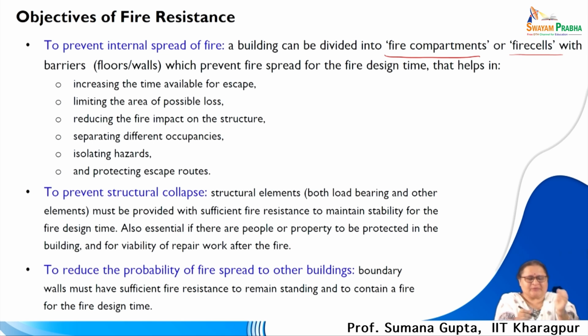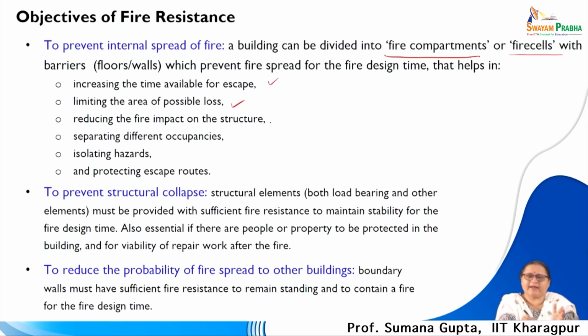We have to look into this aspect to increase the time available for escape and limit the area of possible loss, because through compartmentation or through application of materials, keeping the fire only within that compartment, we can limit the possibilities of loss.